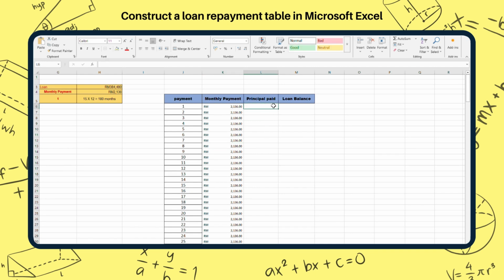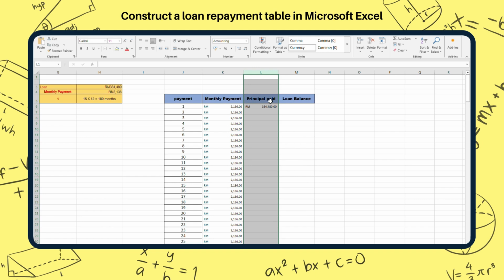So far we have collected these two pieces of information. The principal paid is our loan that we found in our previous question, so this we are going to paste here.